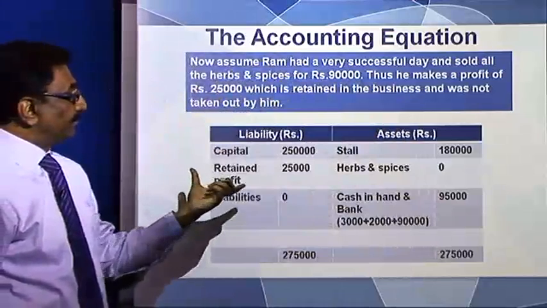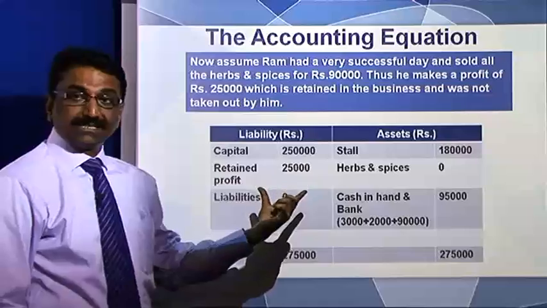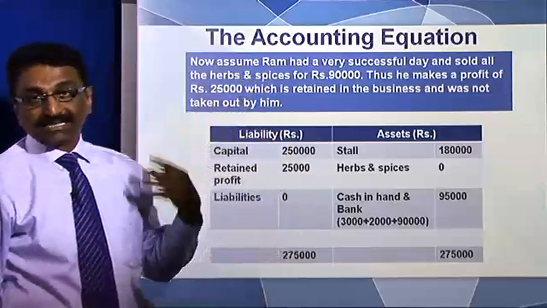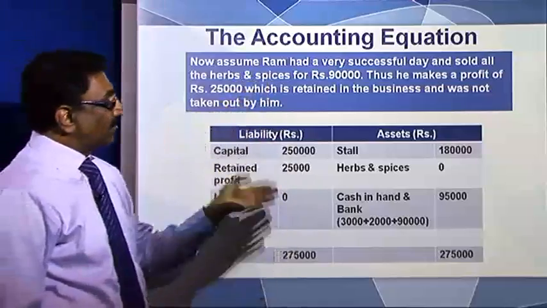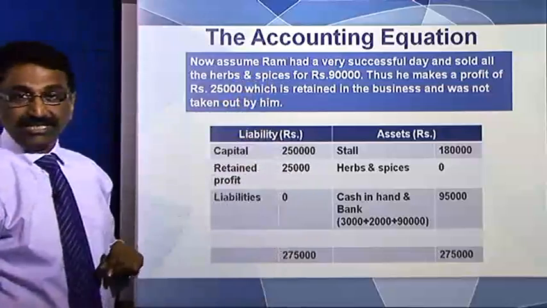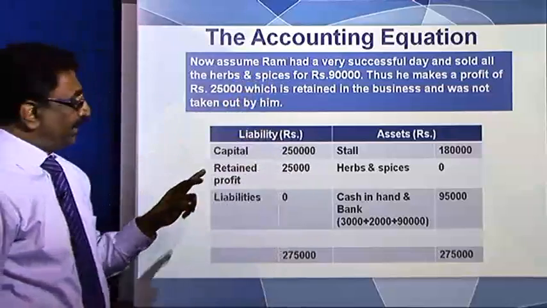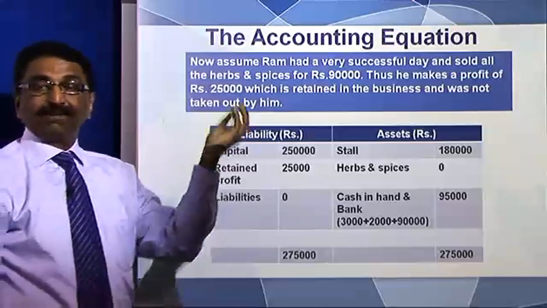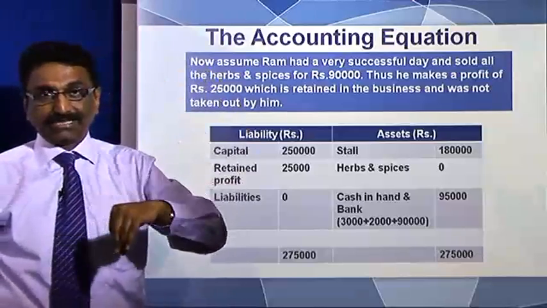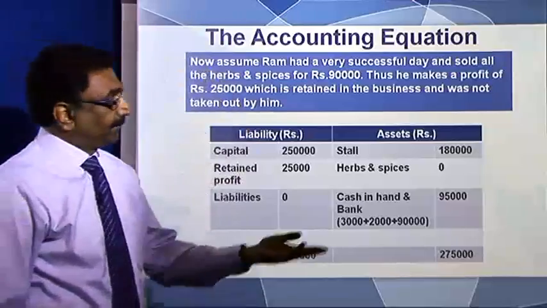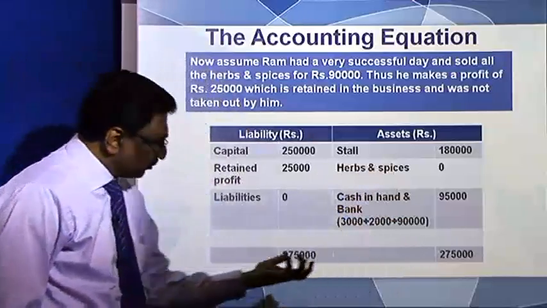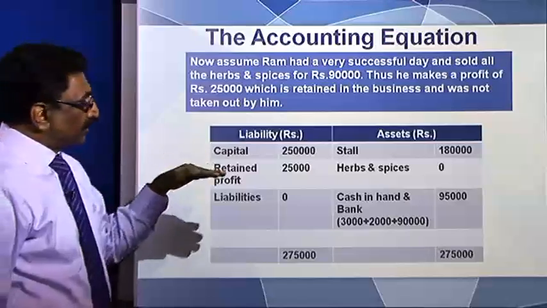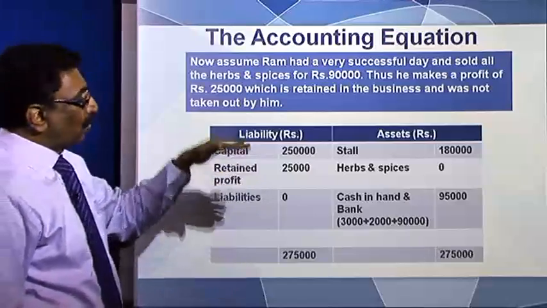That 25,000 becomes a liability of the business to Ram, as capital that has got added to the original capital that has been brought in. That is called the profit retained in the business. Instead of bringing another 25,000 from outside, Ram has decided the profit that he has made is going back into the business. So this the business owes to Ram.